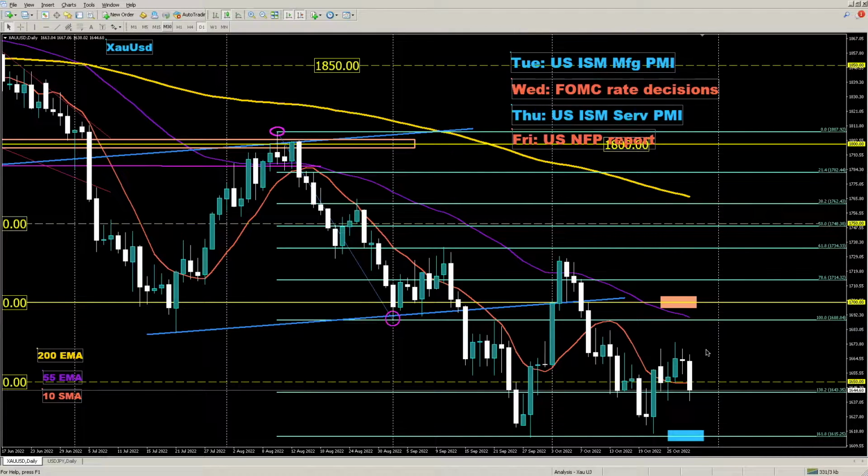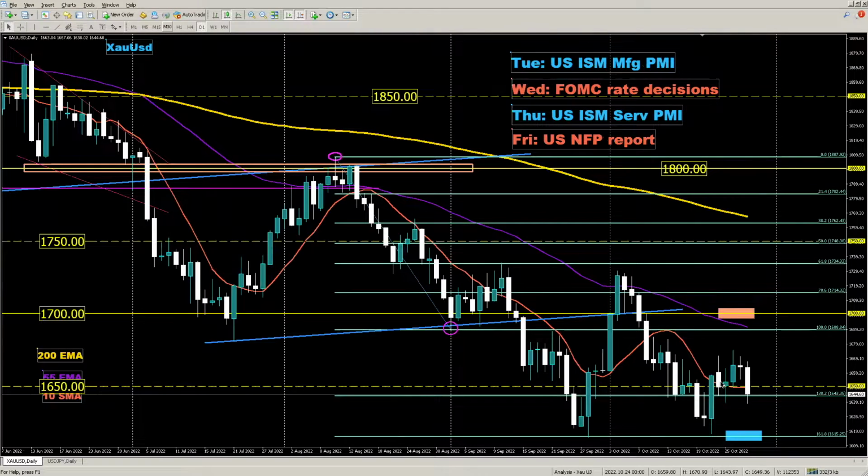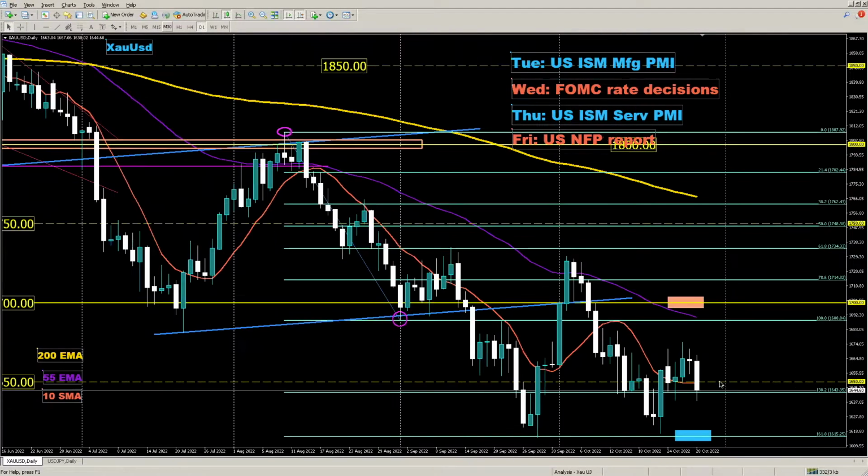So a key one for the US dollar, and for last week, the spot gold was fairly quiet in a narrow range, just oscillating around the 1650 level, and ended up back down towards the 138 fib extension.